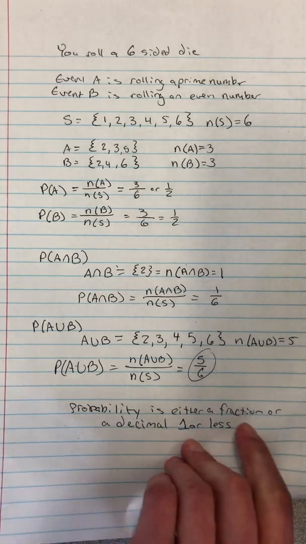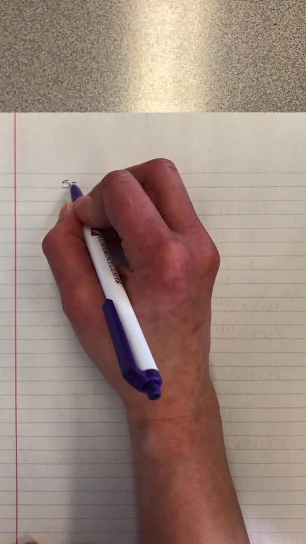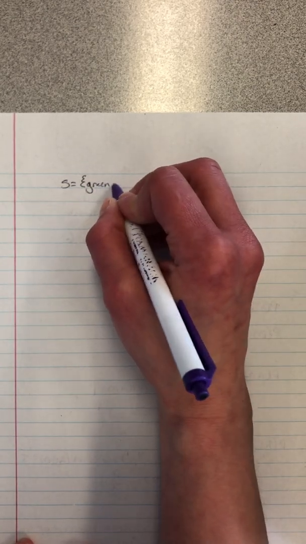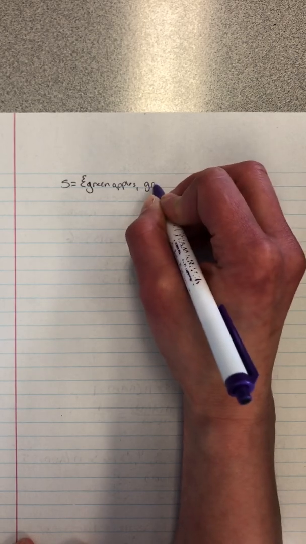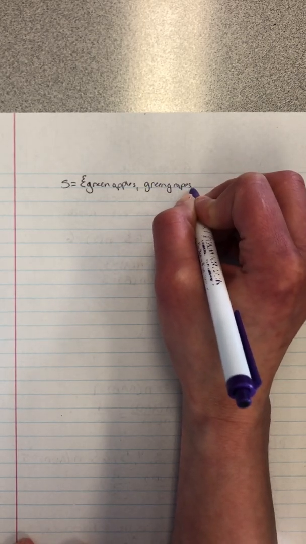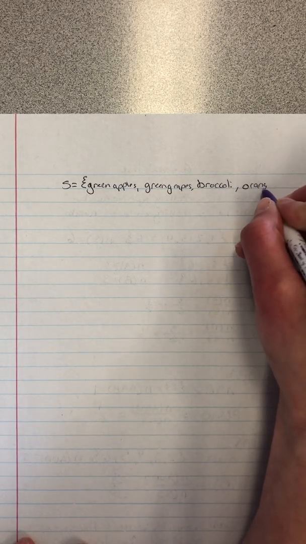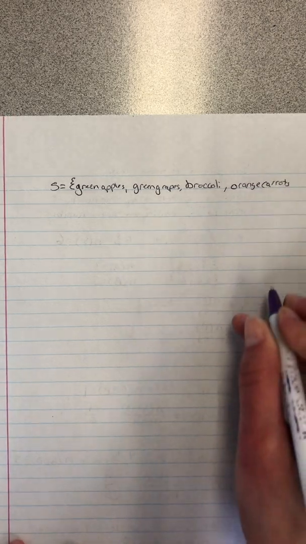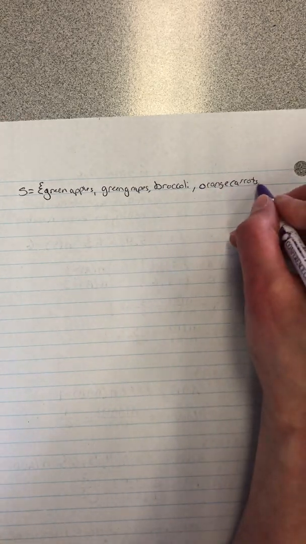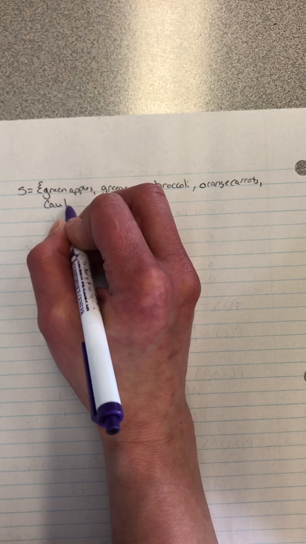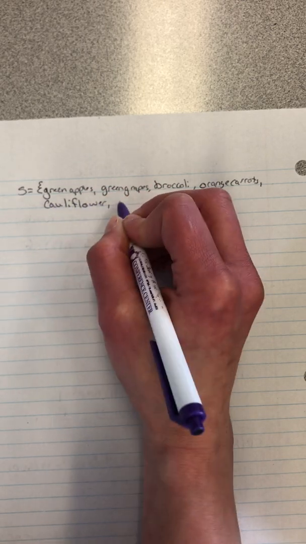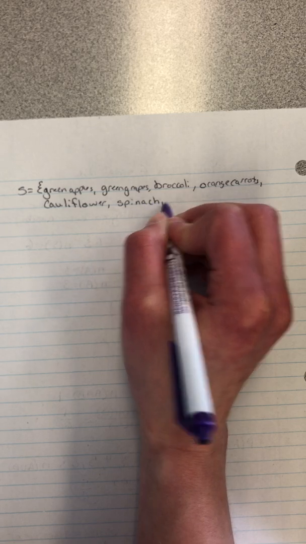And let's do one more example. I'm not going to write out the full statement, but let's just say we have a grocery basket. And in this grocery basket, we have green apples, green grapes, broccoli, orange carrots, cauliflower, spinach, and oranges.